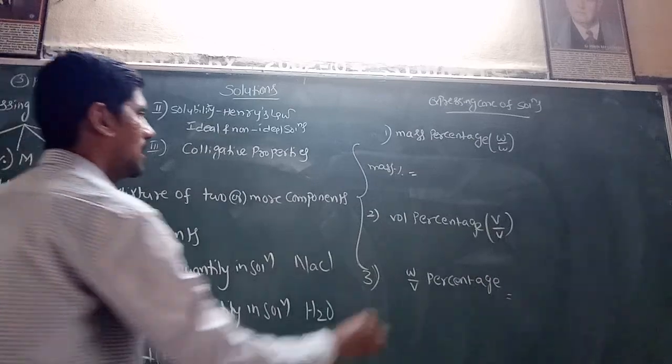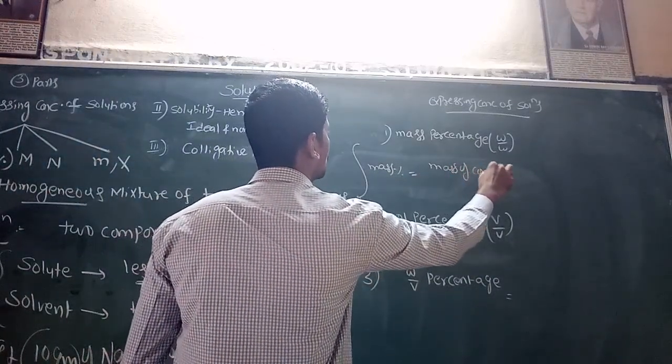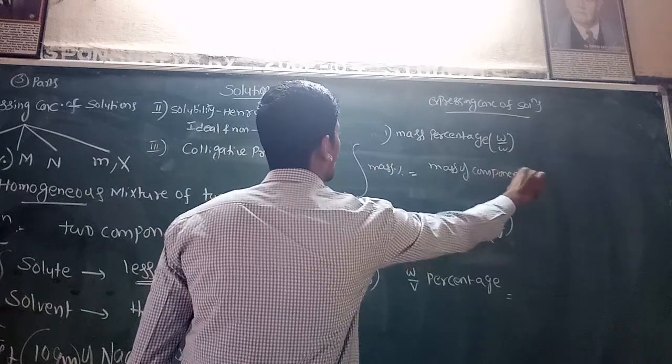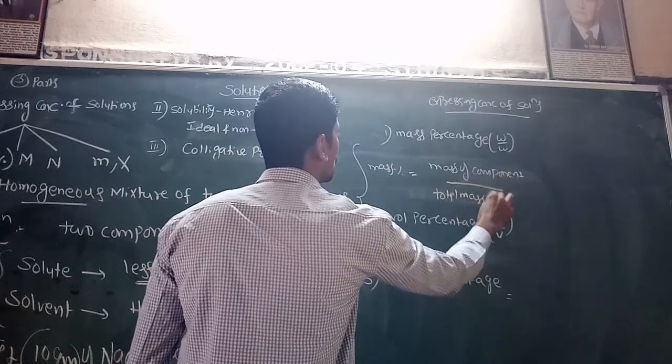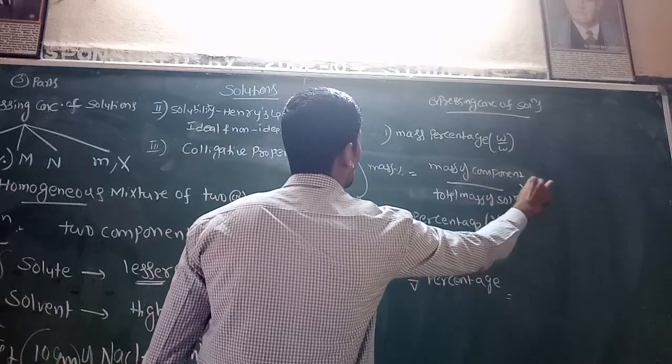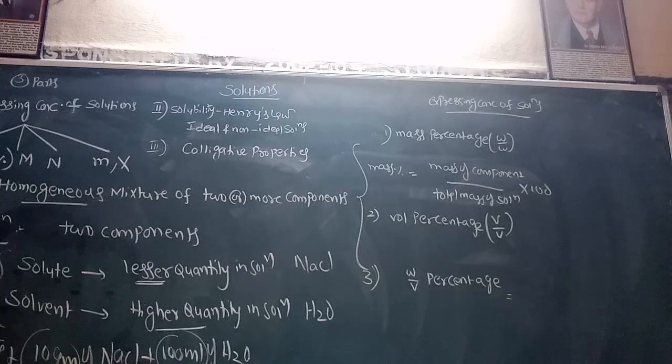Mass percentage equals mass of one component by total mass of solution into 100, or mass of solute by mass of solution into 100.